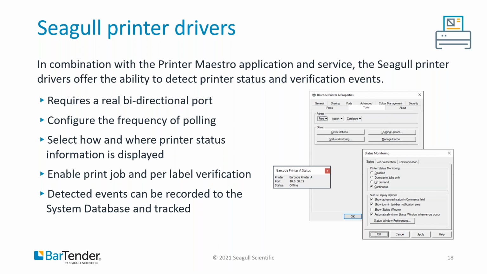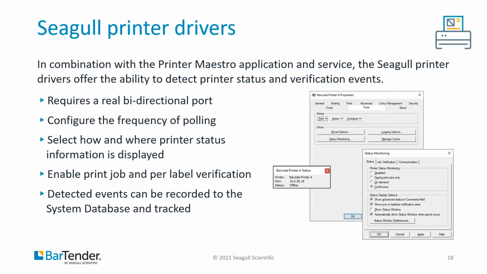It can be in its own little status window, as you see there in the screenshot, or it can be displayed in applications like Printer Maestro, in Windows printer queues, etc. Of course, if you've enabled in Printer Maestro the tracking of these events, then these detected events that are made visible by the printer driver can be logged and tracked in the system database, which is of course very important.